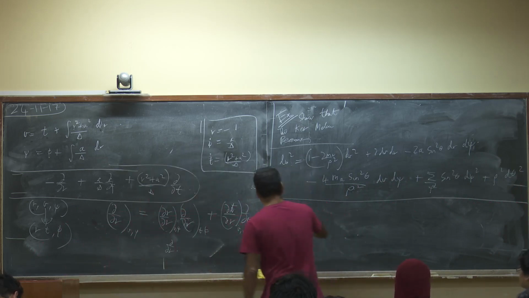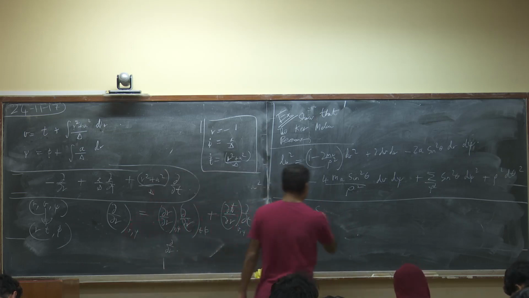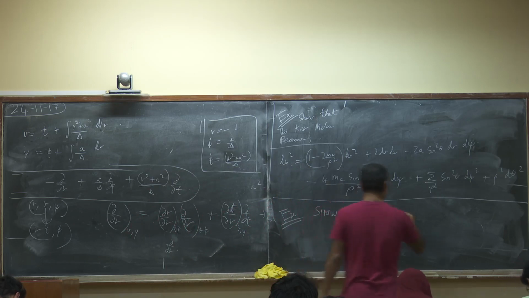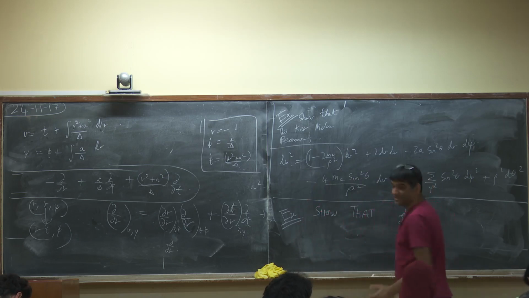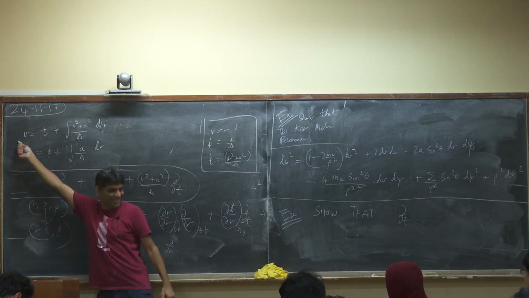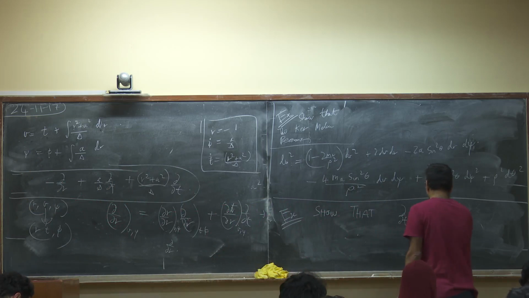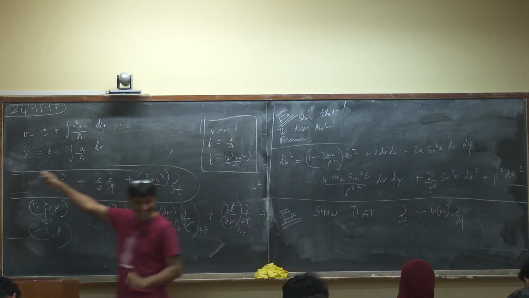Now, next exercise. Show that del by del t, but because that's at constant r, it is the same as del by del v, just as it was for the Schwarzschild, minus omega of r plus del by del phi, because it's at constant r, the same as del by del psi.